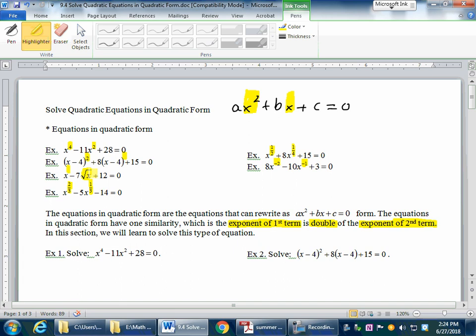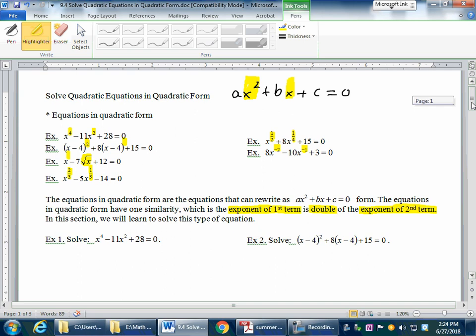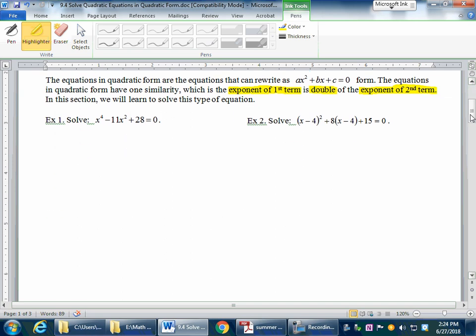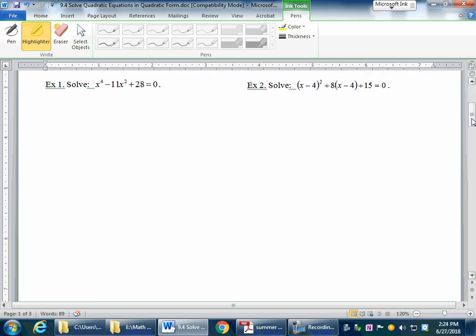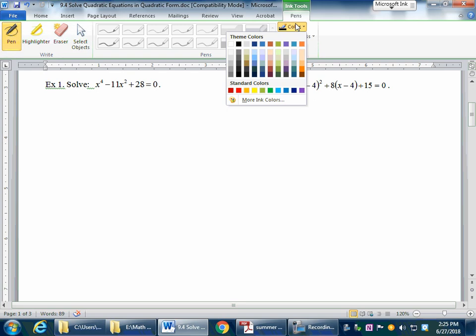If the equation is quadratic in form, this is the technique we're going to use: substitution, and then factor it out. So let's take a look at solving the first equation. We see that the exponent of the first term is double that of the second term. So therefore, this is quadratic in form. If it is quadratic in form, this is what we can do.